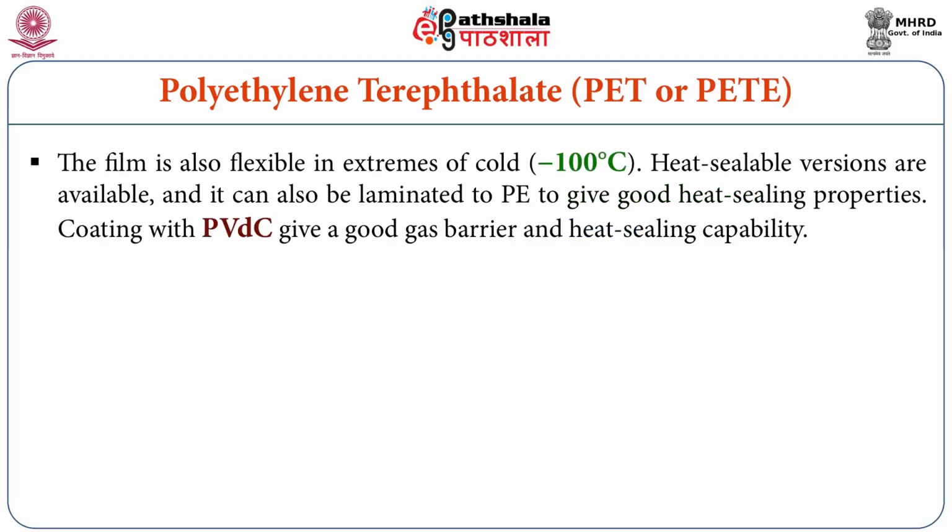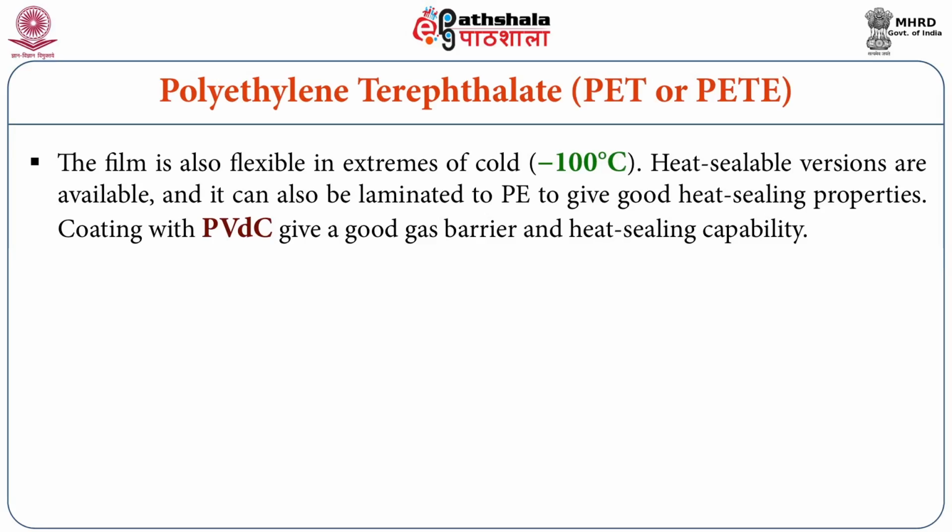The film is also flexible in extremes of cold such as -100 degrees Celsius. Heat sealable versions are also available and it can also be laminated to polyethylene to give good heat sealing properties.